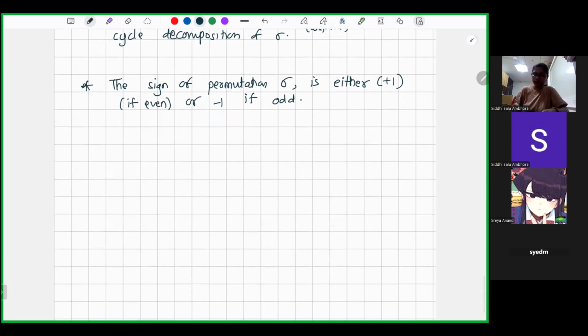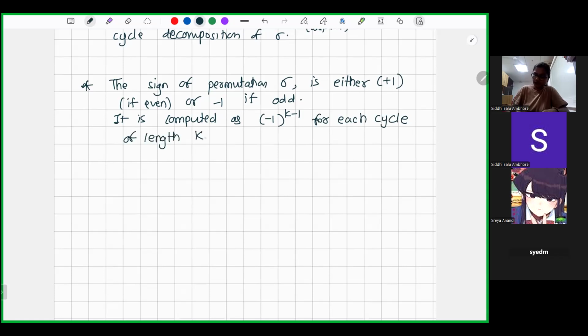So it is computed as (-1) power k-1, for each cycle of length k in the cycle decomposition, and then taking product of it, multiplying over all the cycles.